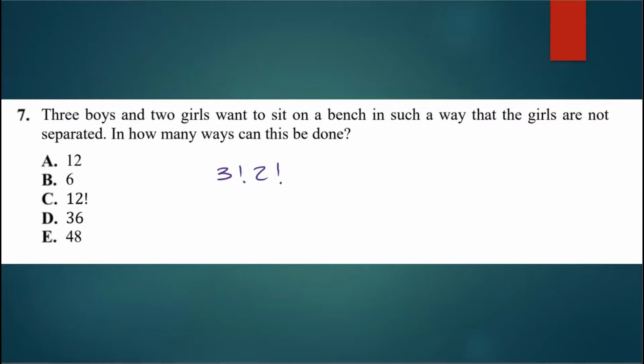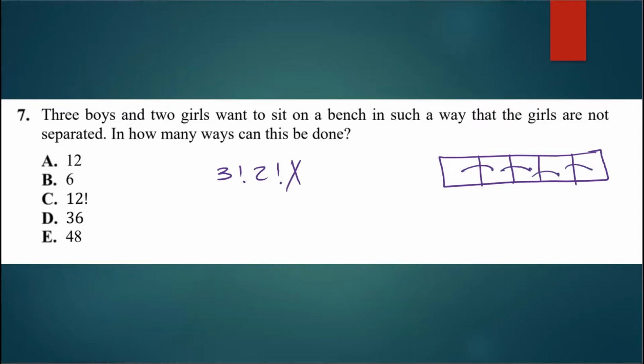That will be multiplied by the number of spots that are available for the 2 girls. If you have 5 spots on the bench, these 2 girls can stay in these 2 spots, or these 2, or these 2, or these 2. So you have 4 positions for the girls to be sitting beside each other.